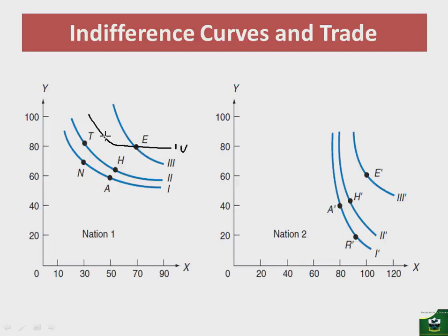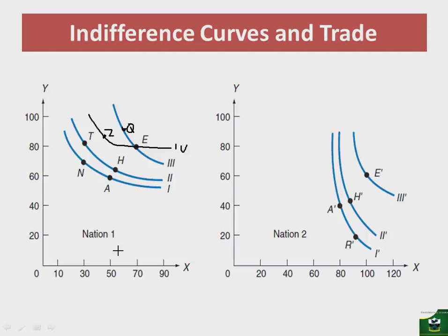So you will notice that if we had a point here and another point here, let's call this point Z, and let's call this one point Q. Clearly we see that point Z and point E are on the same indifference curve 4, and therefore they yield the same satisfaction to the community. In the same way, Q and E are on the same indifference curve 3, and therefore they yield the same satisfaction to the community.